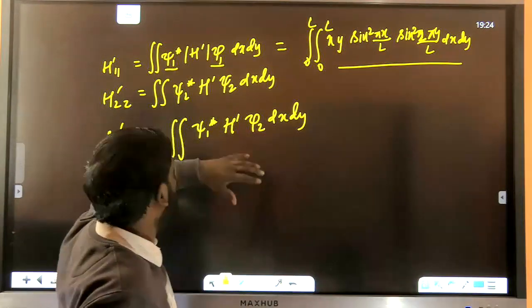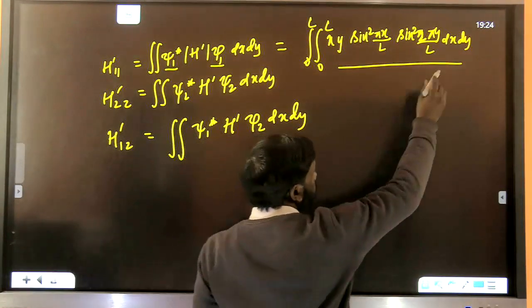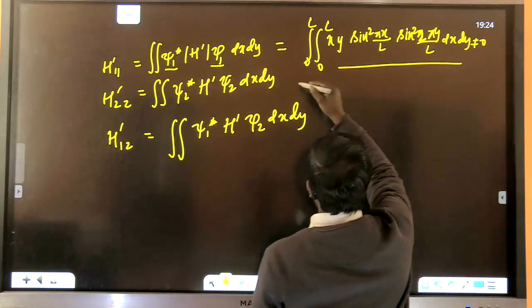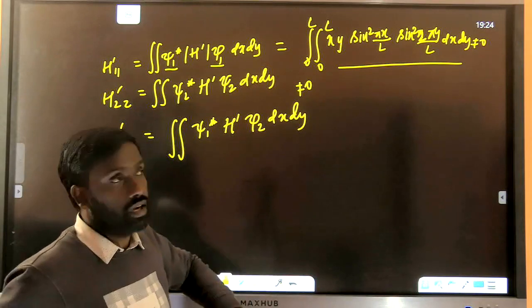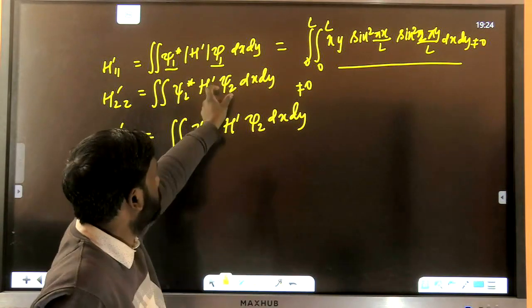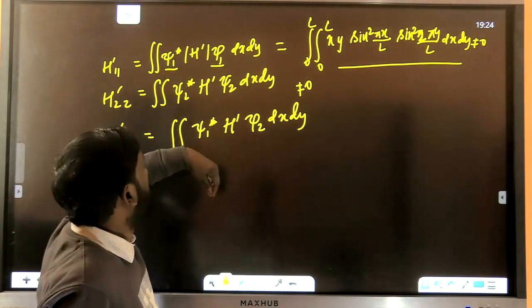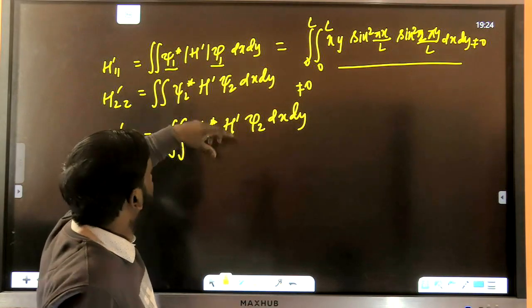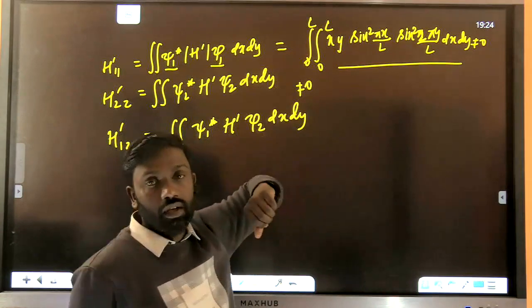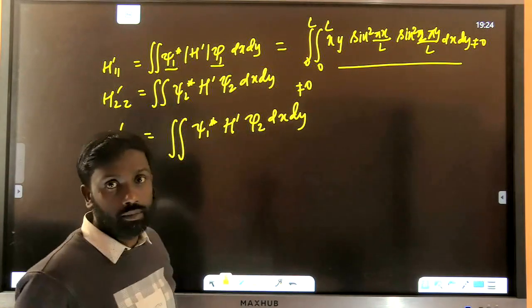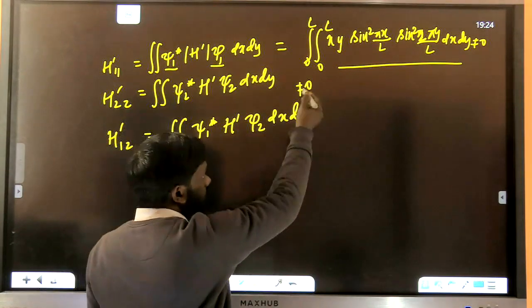Similarly, using similar logic, for H'22 you will get psi2 squared, and since you are integrating in the first quadrant, there is no negative term coming, so this integration will also be non-zero.